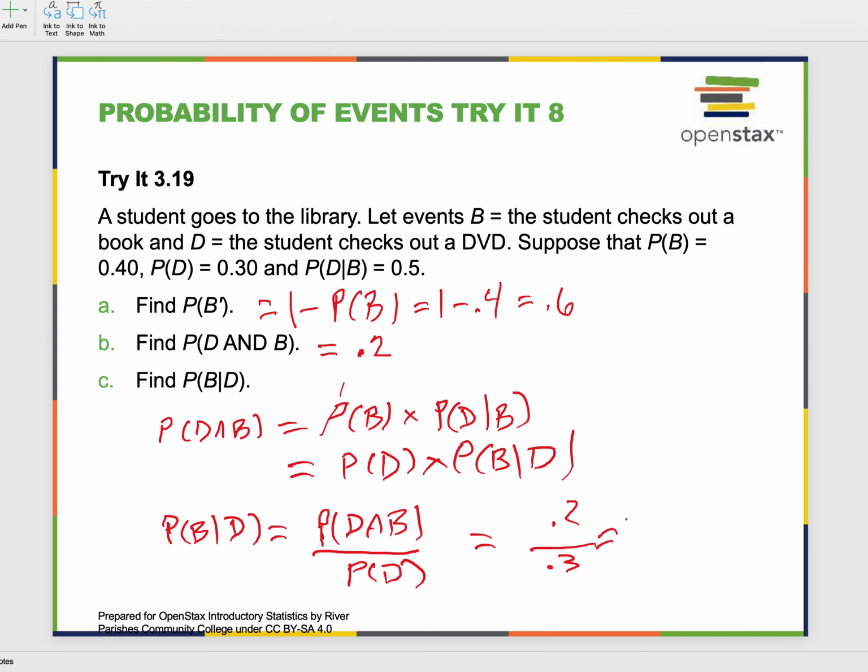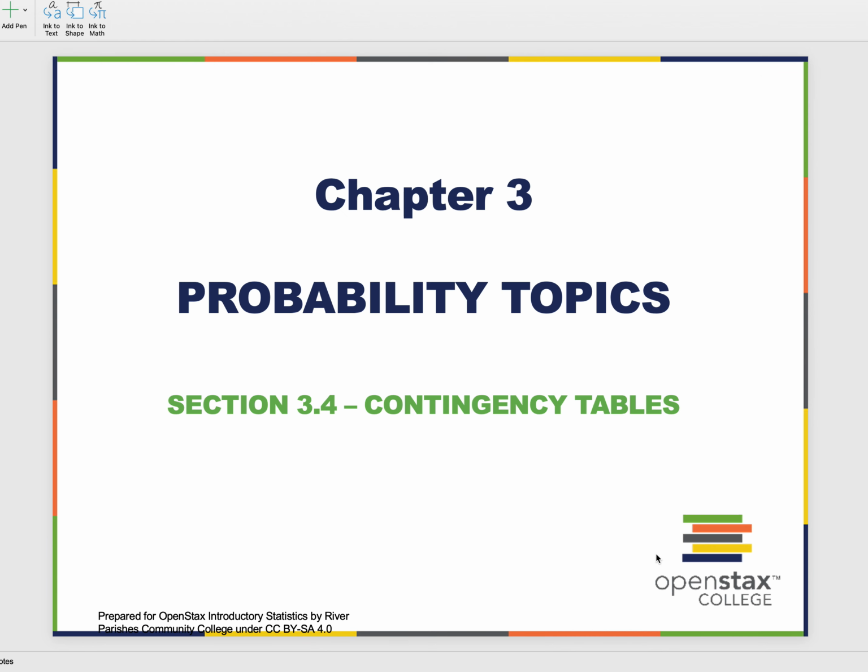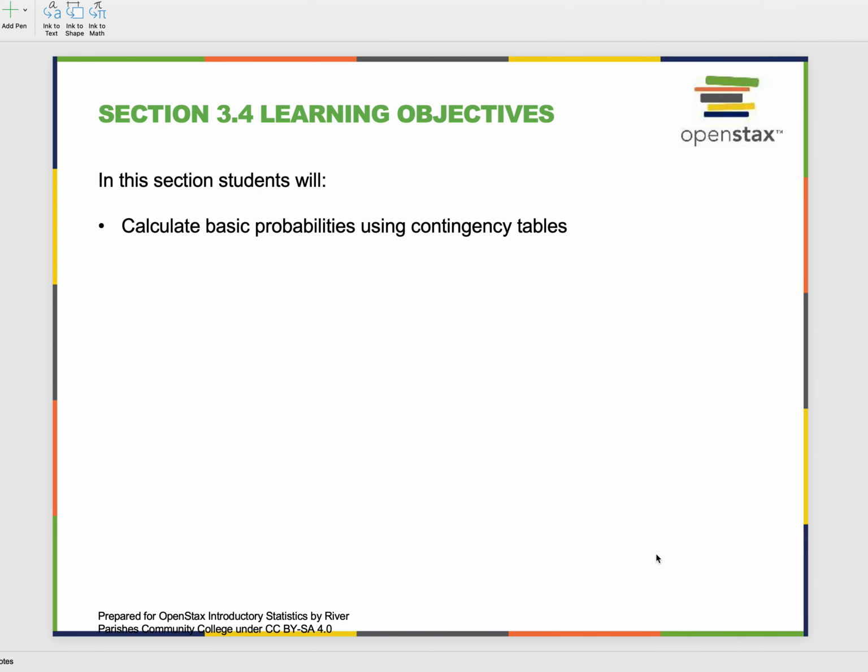I get 2/3 or 0.667 or 66.7%. You got to be going crazy at this point. What the heck is this guy doing?